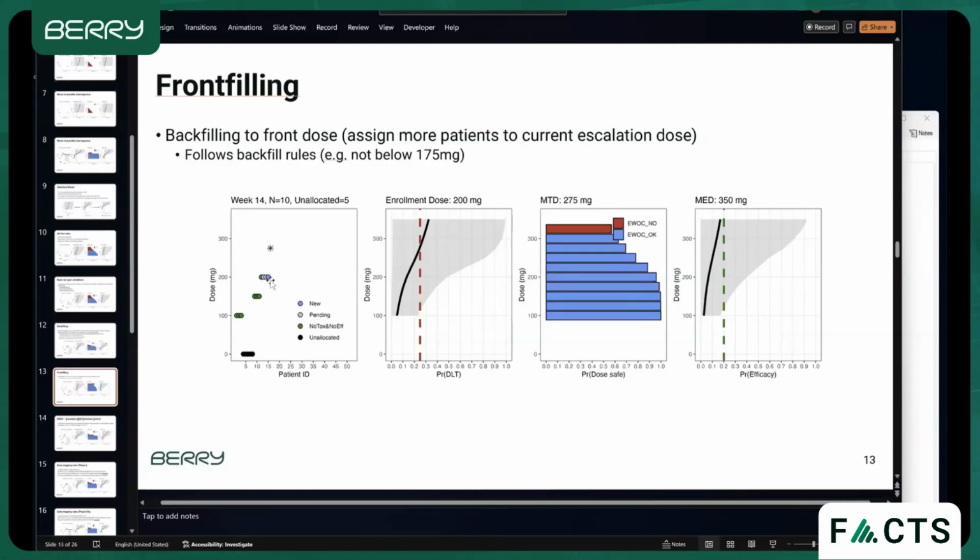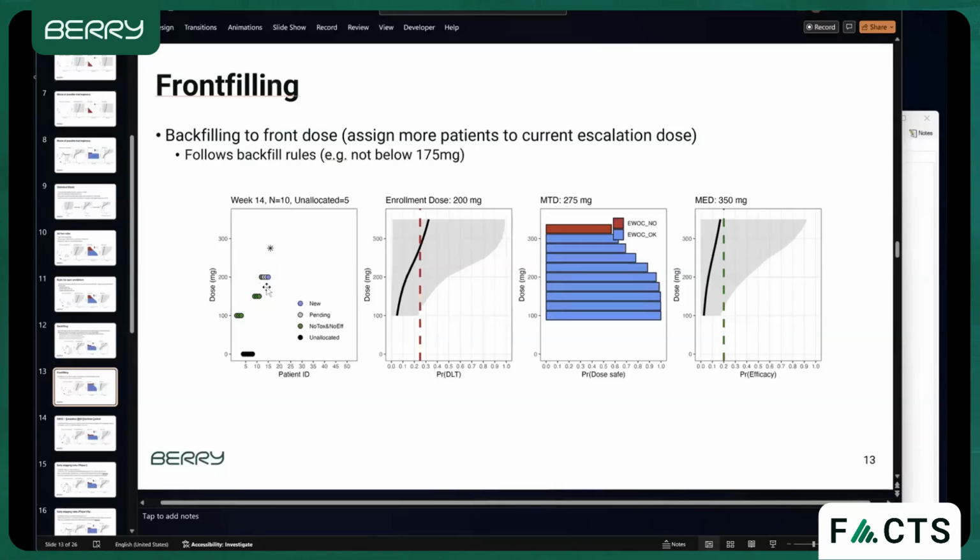So in other words, this 4th patient that we're assigning to 200 milligrams makes now 3 patients at 200 milligrams that don't have outcomes observed. So we're sort of shifting from, okay, let's assign 3 patients at the same time to 200 milligrams, and now we're waiting for their results.